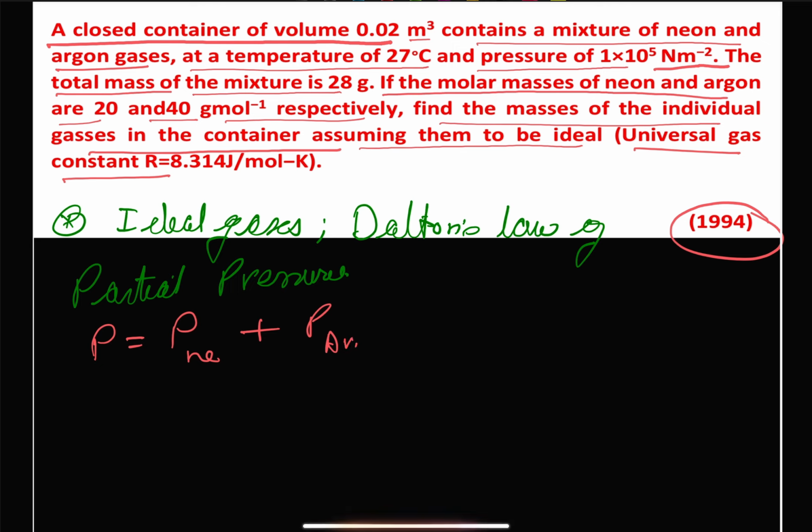Okay. And individually for each gas, we can use the ideal gas law, that is PV is equal to nRT.